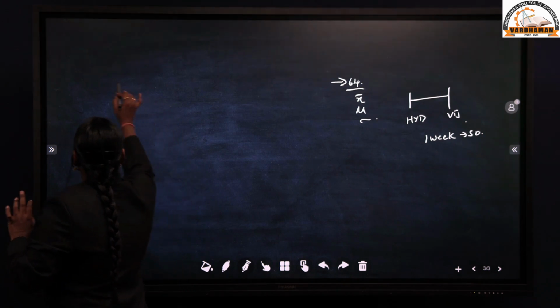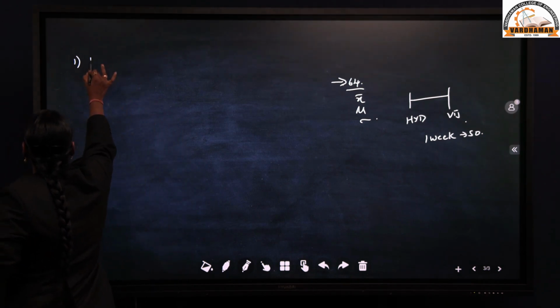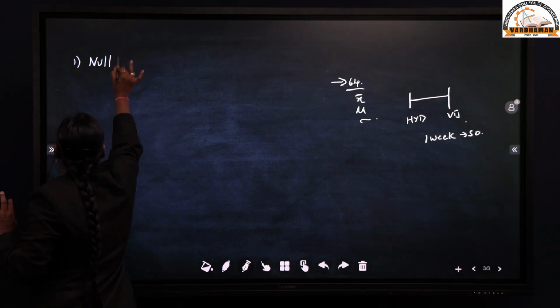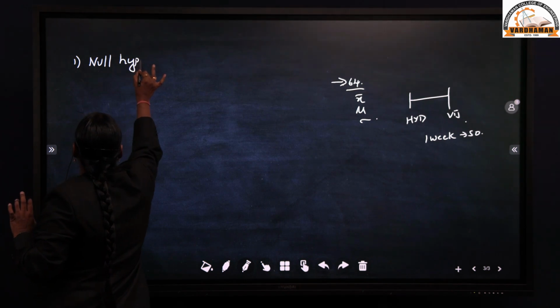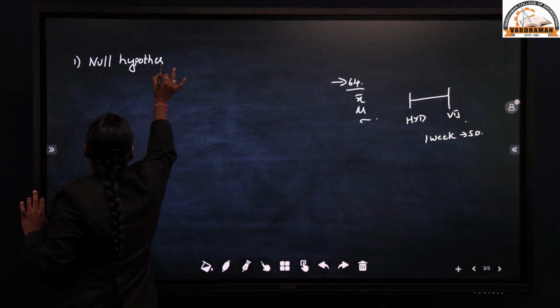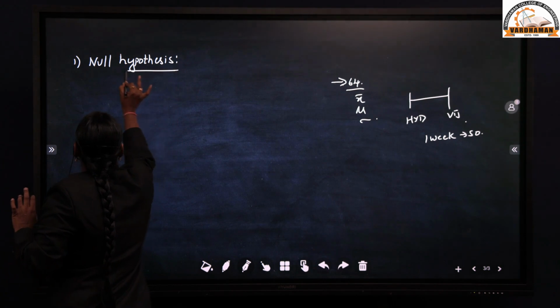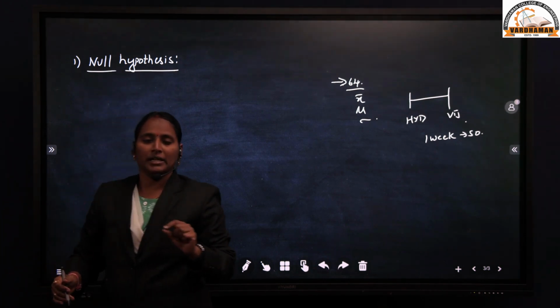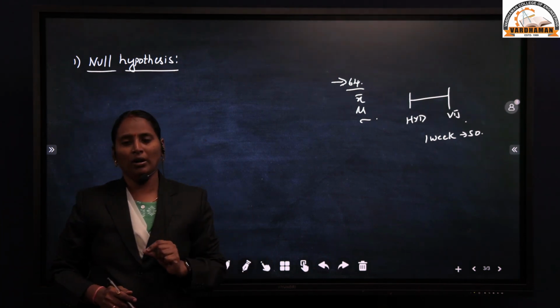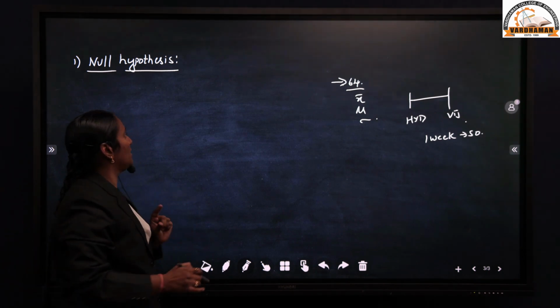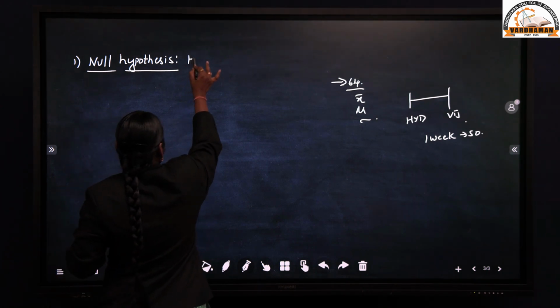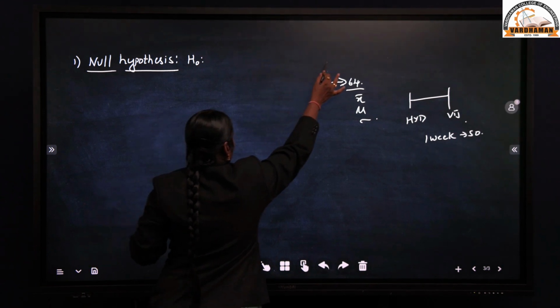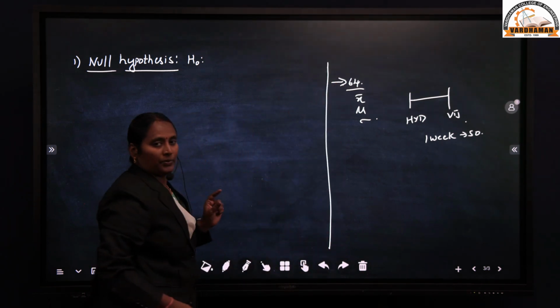Before going to solve this problem, the first step is the null hypothesis. Null hypothesis means a statement of no difference, and it is denoted by H naught. So H naught means there is no significant difference in the given data.